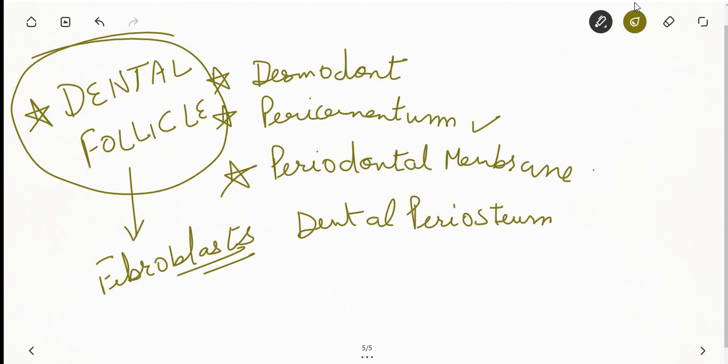So the development of the periodontal ligament begins with root formation prior to tooth eruption. There is continuous proliferation of internal and external epithelium from the cervical loop of the tooth bud, and a sheath of epithelial cells grows apically in the form of Hertwig's root sheath.